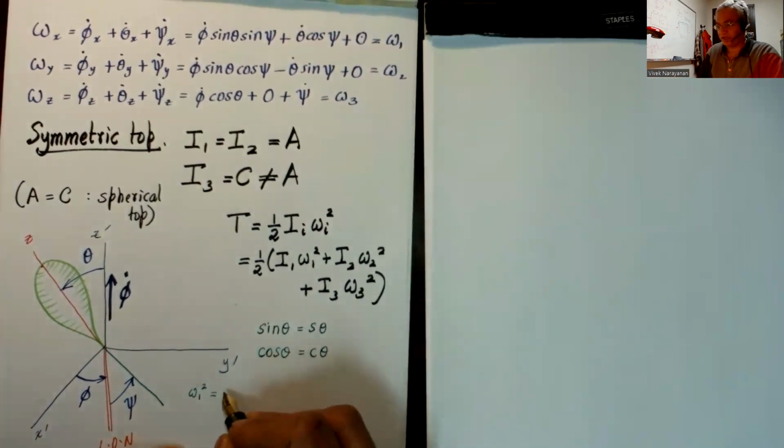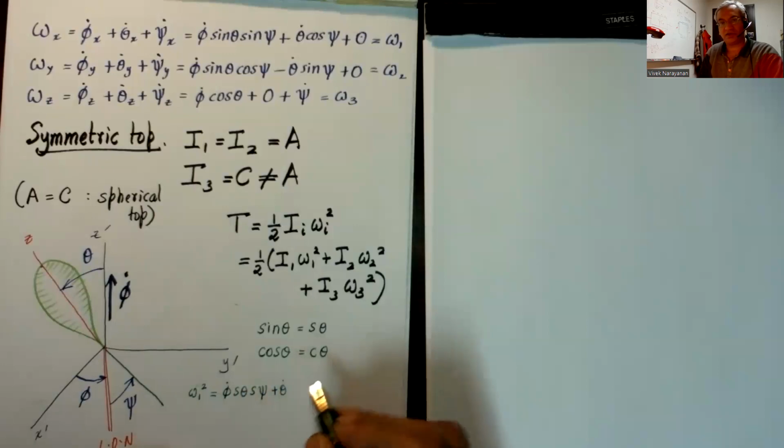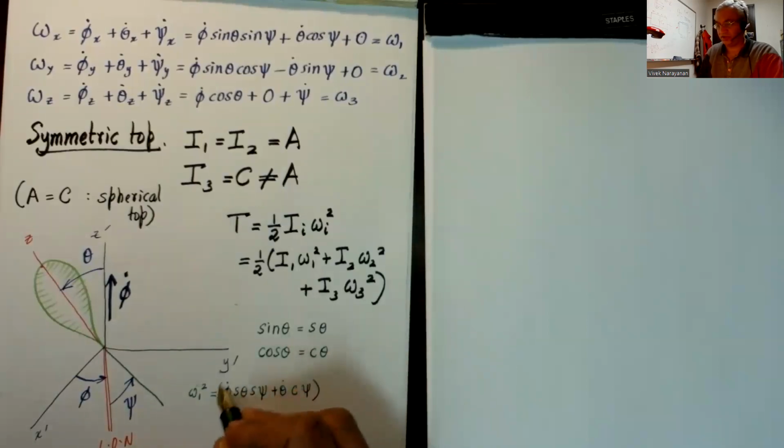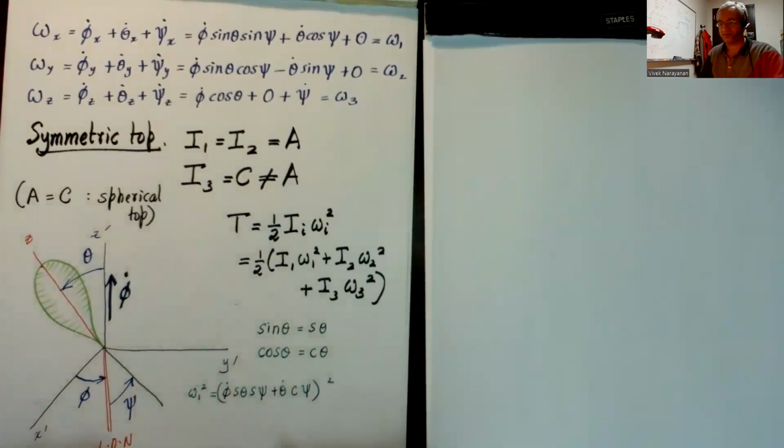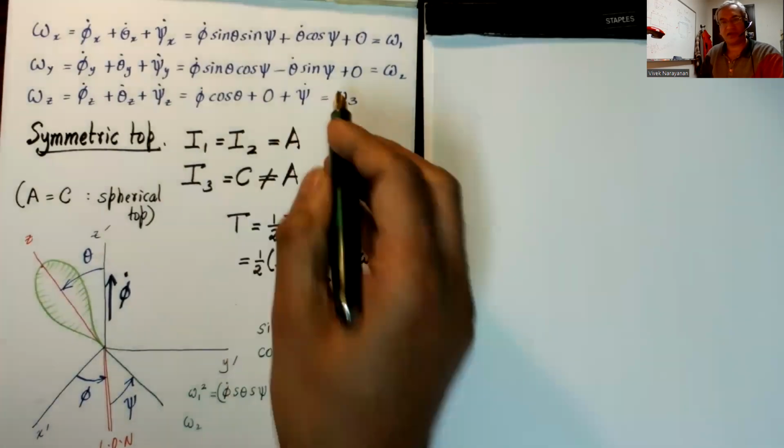So it's phi dot sine theta sine psi plus theta dot cosine psi, the whole thing squared. And let me write down similarly the other things so I don't have to look at that again.